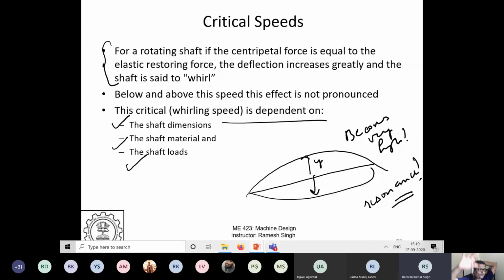I just wanted to give you some idea, and this critical speed is extremely important in shaft design, if you don't take it into account.